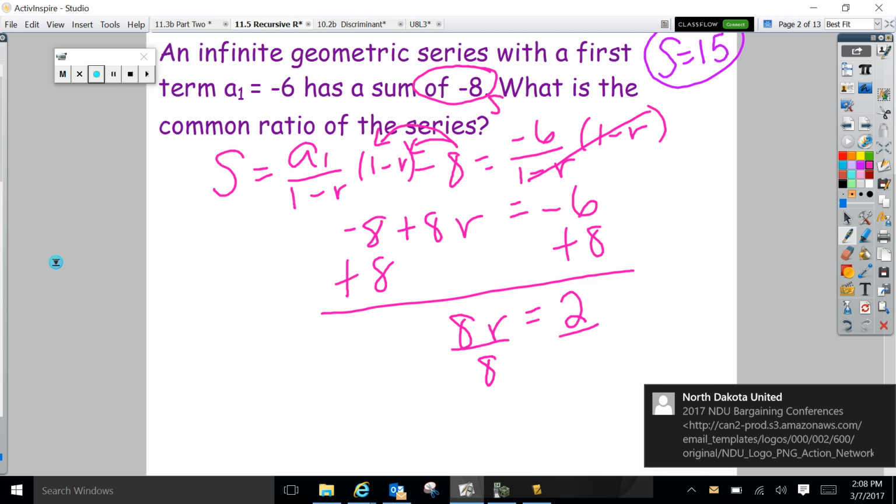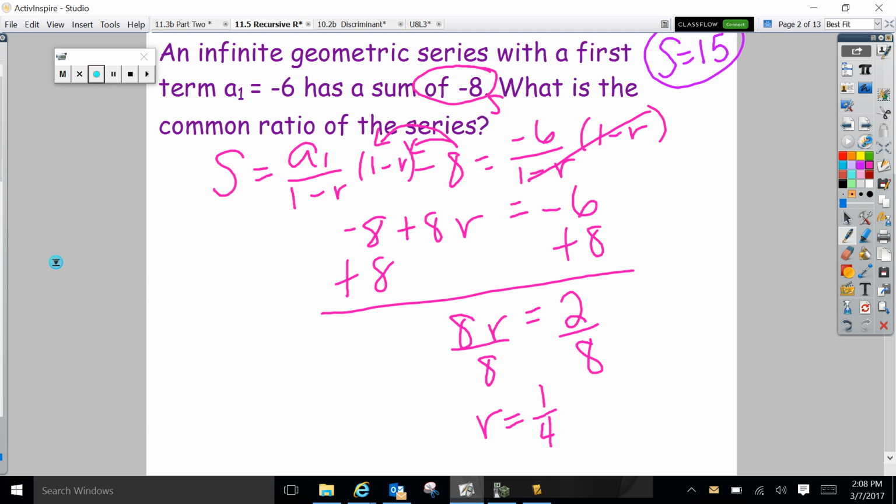Divide by 8 on both sides, and 2 over 8 reduces to 1/4. So r is 1/4, which is less than 1, and that makes sense because I told you the sum was -8. For the sum to exist, the r has to be less than 1.